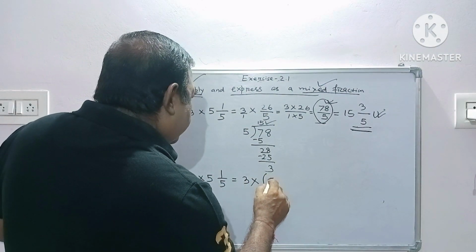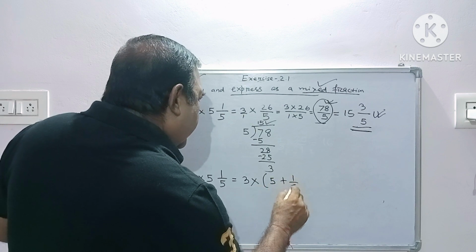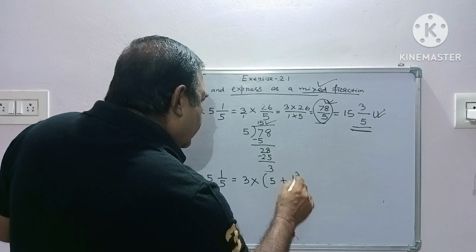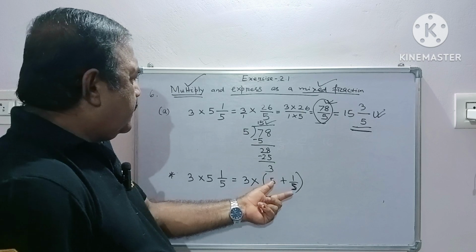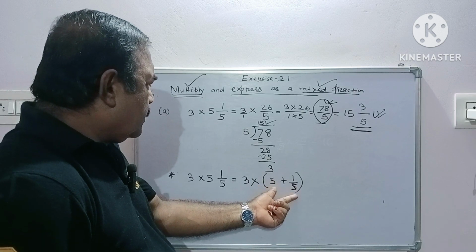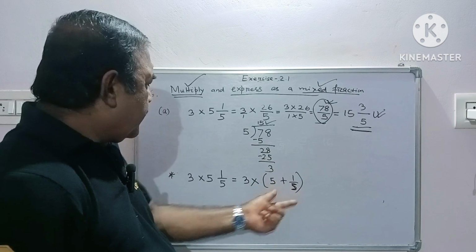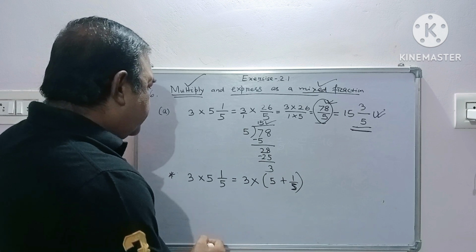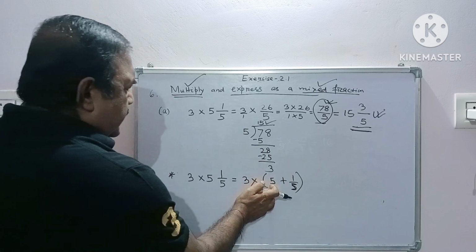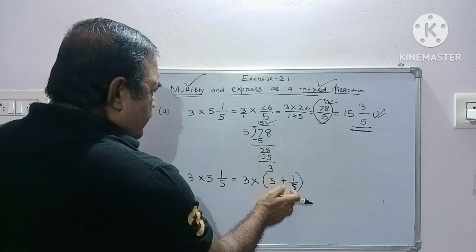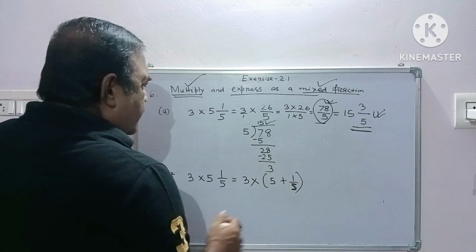So that means 5 plus 1 upon 5 is also equal to 5 whole number and 1 upon 5. So just you split it. So here it is the whole number part and it is the proper fraction.